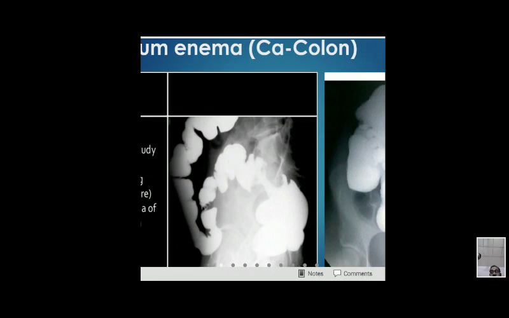How many polyps are there in FAP? There must be more than 100 polyps present throughout the large intestine.